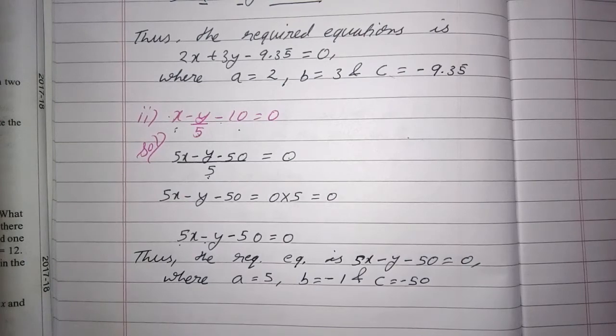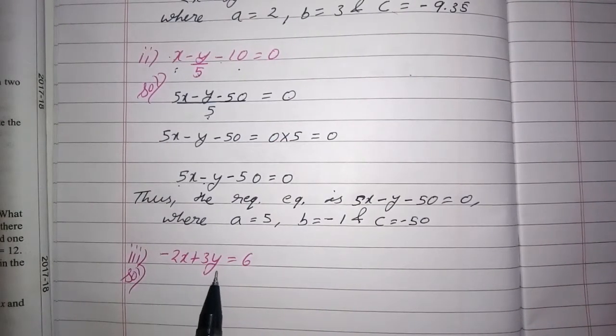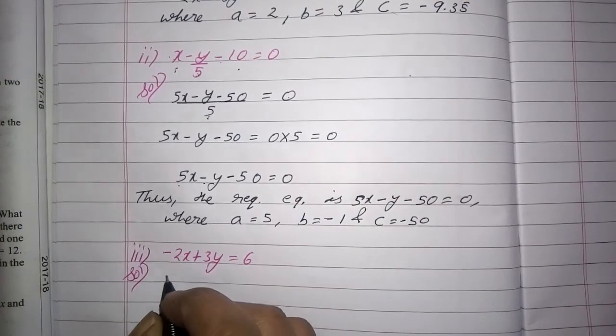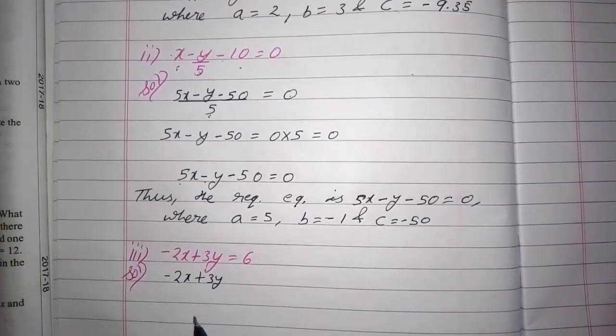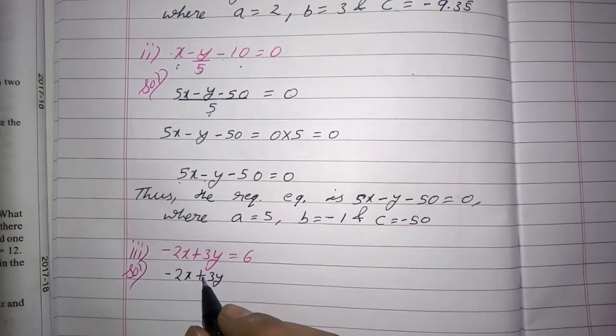That's it. Now the third part is just like the first part, because here the c is on the right hand side of the equation, so we have to transfer the c. So minus 2x plus 3y is already on the left hand side, so we have to transfer this 6 from right hand side to the left hand side.